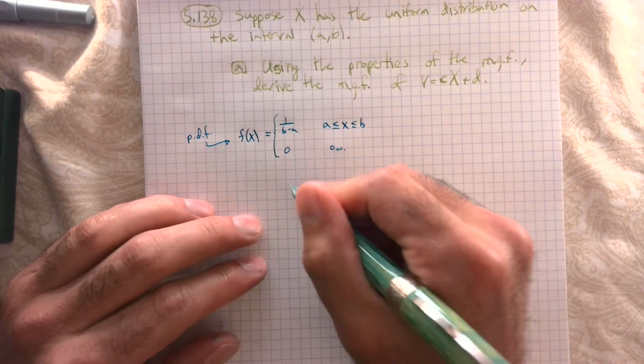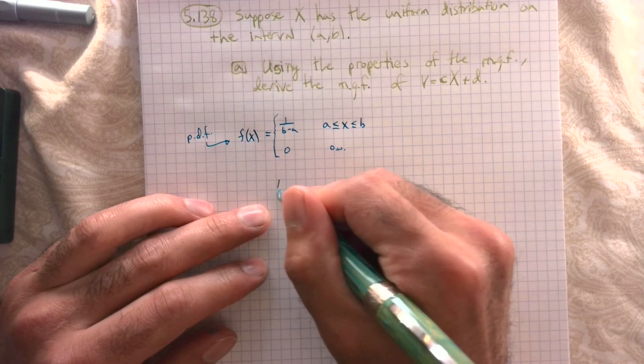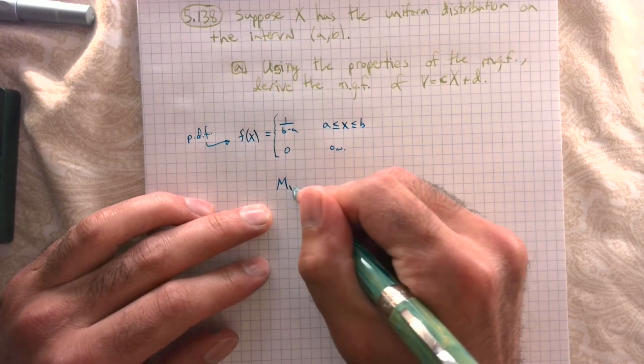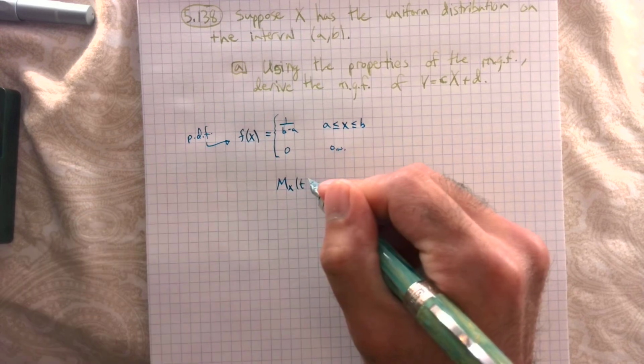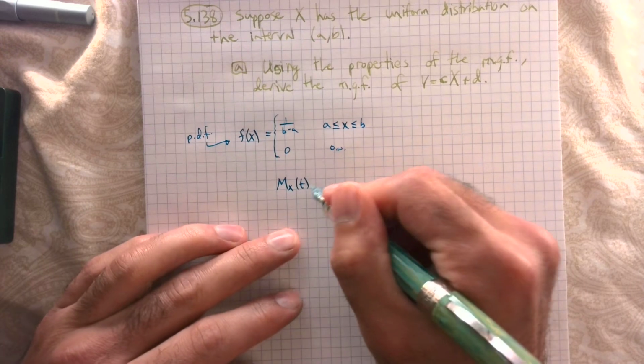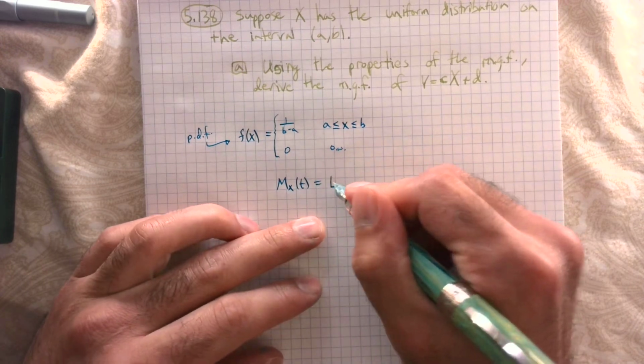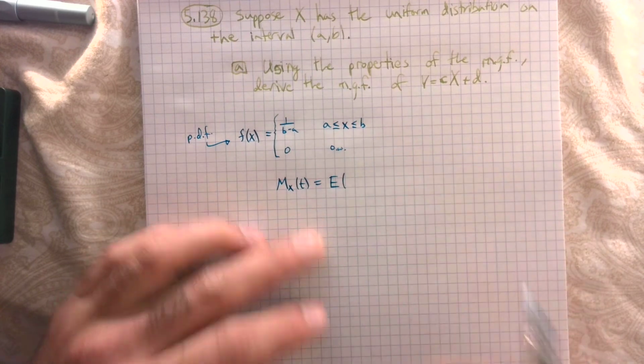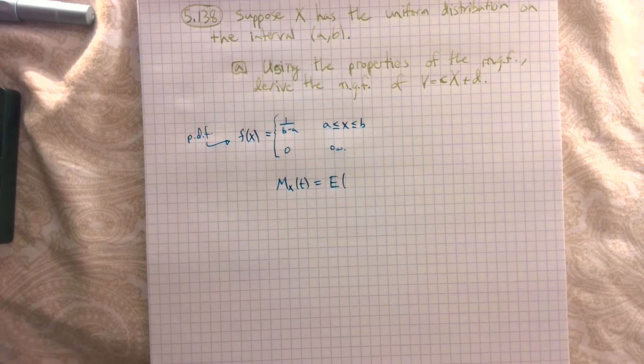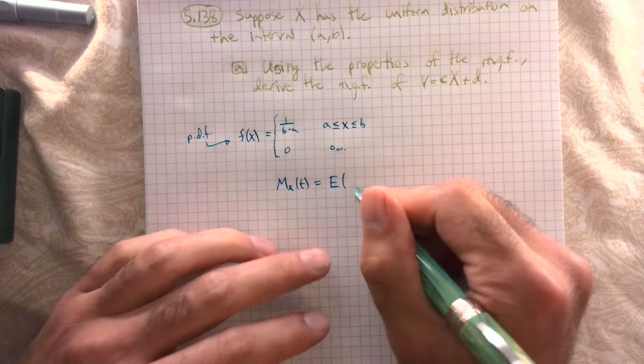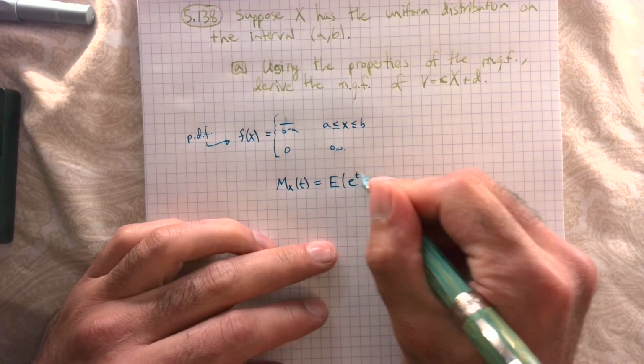So we want to find first the moment generating function of x in terms of t, and this is the expected value of e to the tx.